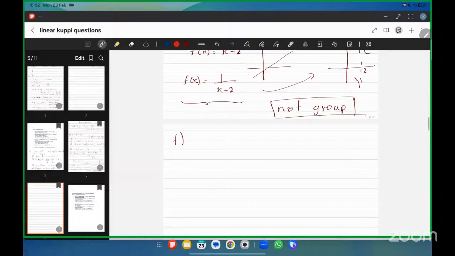GL2 means it should be invertible, and invertible means its determinant should not be equal to 0.